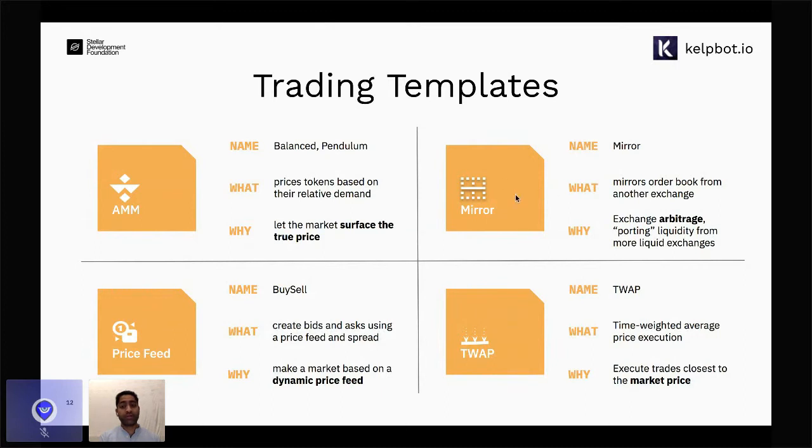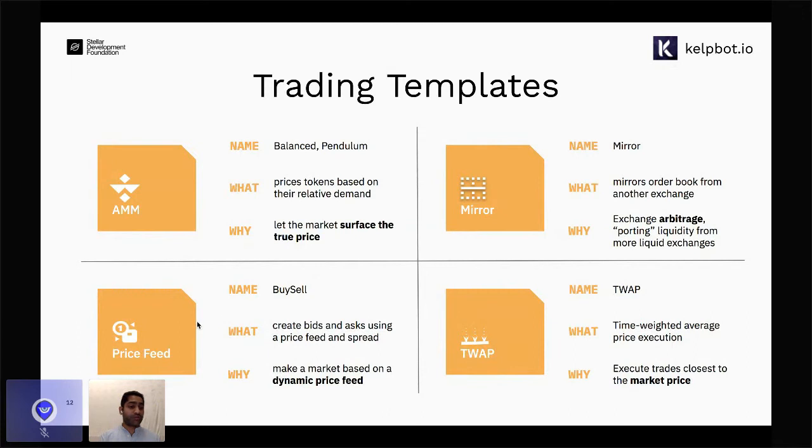We have the mirror template, which allows you to mirror an order book from another exchange while taking the arbitrage between the lower liquidity exchange and the higher liquidity exchange, essentially performing exchange arbitrage to port liquidity from the liquid exchanges to the less liquid exchanges.